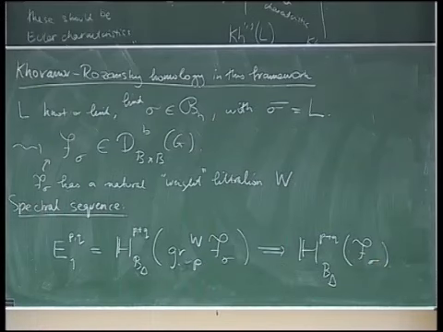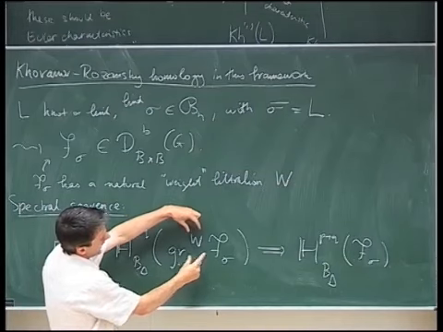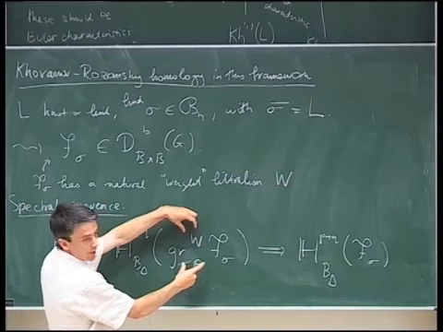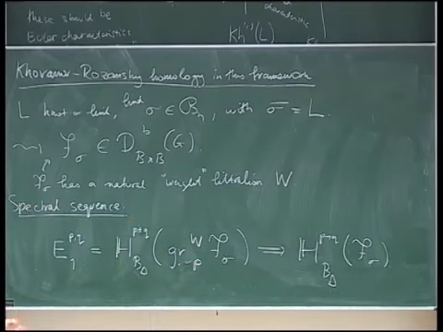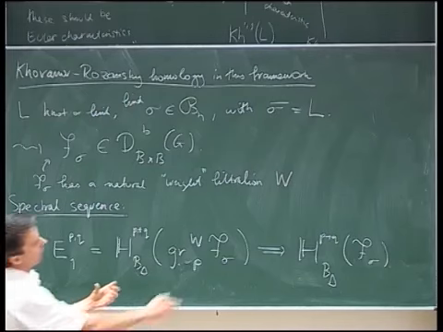And now, each one of these graded components will be a direct sum of intersection cohomology complexes. So you can think that this spectral sequence, the columns of it are what we have here.